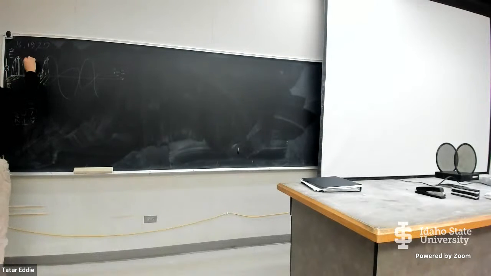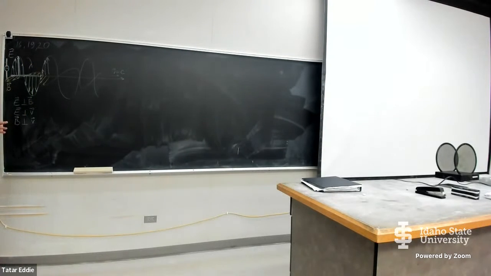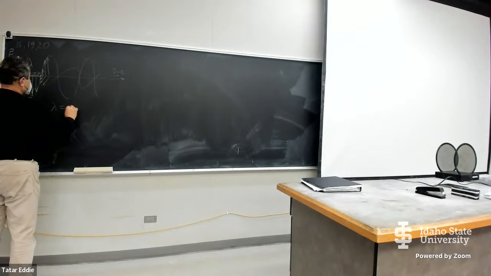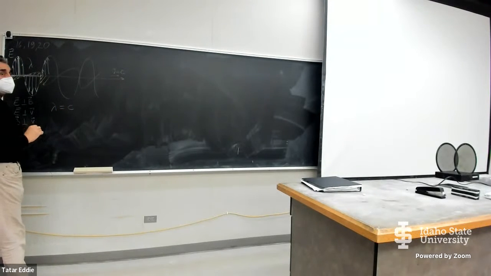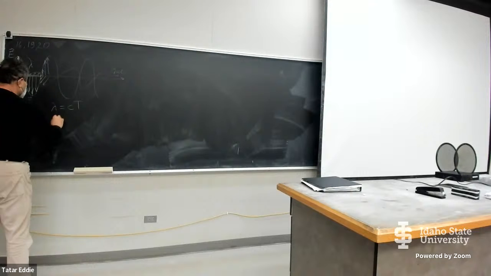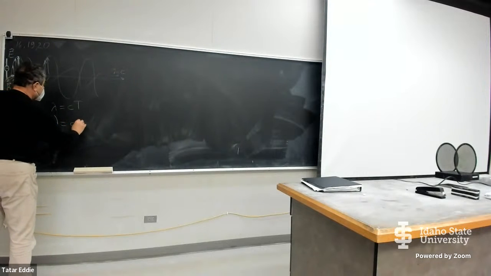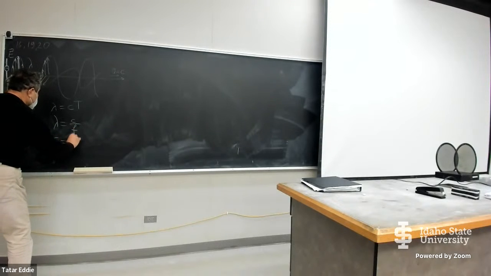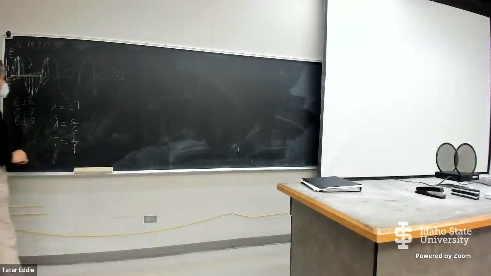The wavelength is connected with the period of oscillations and the frequency the following way. The wavelength is the speed of propagation of the electromagnetic wave multiplied by the period, or the wavelength also is the speed of propagation divided by frequency, because the period is the inverse of frequency.